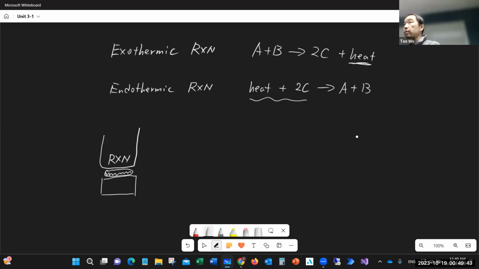The reaction. Yes, this reaction is endothermic. So the reaction is the system, which means everything other than this reaction is the surroundings, even including the beaker, the water, or the wood block.